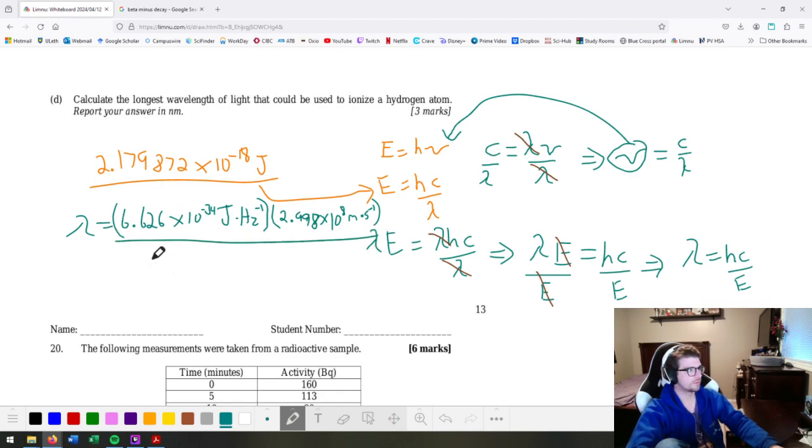All of this being over the thing that I really don't feel like writing again, but I'm going to anyways: 987 times 10 to the minus 18 joules. I know I left a number off of there, but it's a very, very small number, and I don't care.